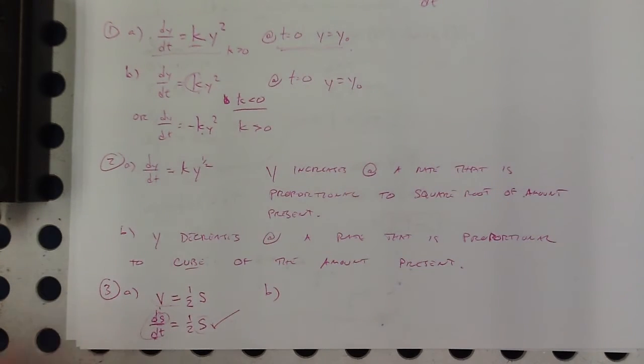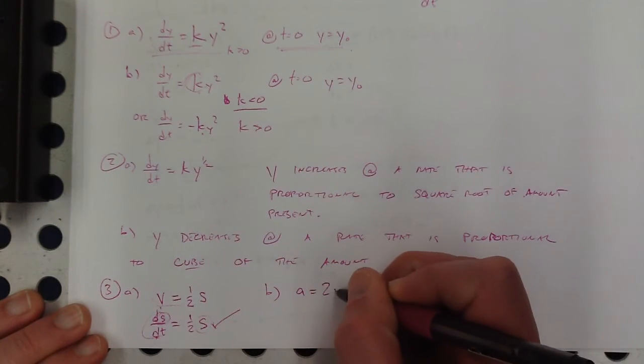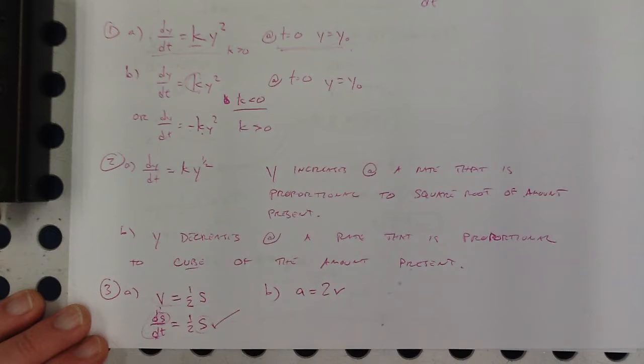All right, suppose that an object moves along an s-axis in such a way that its acceleration is always twice the velocity. So acceleration is twice velocity. Write a differential equation whose solution is s of t.